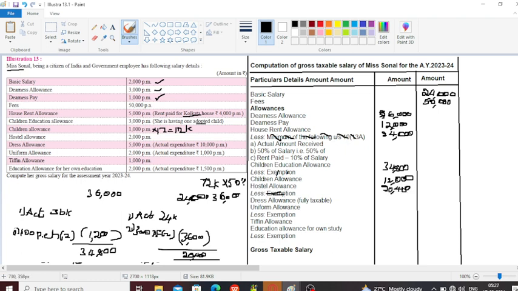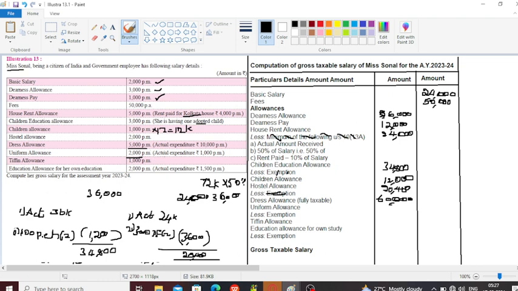Next one is dress allowance. Dress allowance is fully taxable. The expenditure or expenses incurred will not be deductible from dress allowance, so it's a fully taxable allowance. If it is 5,000 per month, 60,000 is the taxable dress allowance. And next one is uniform allowance. Uniform allowance is 2,000 per month.